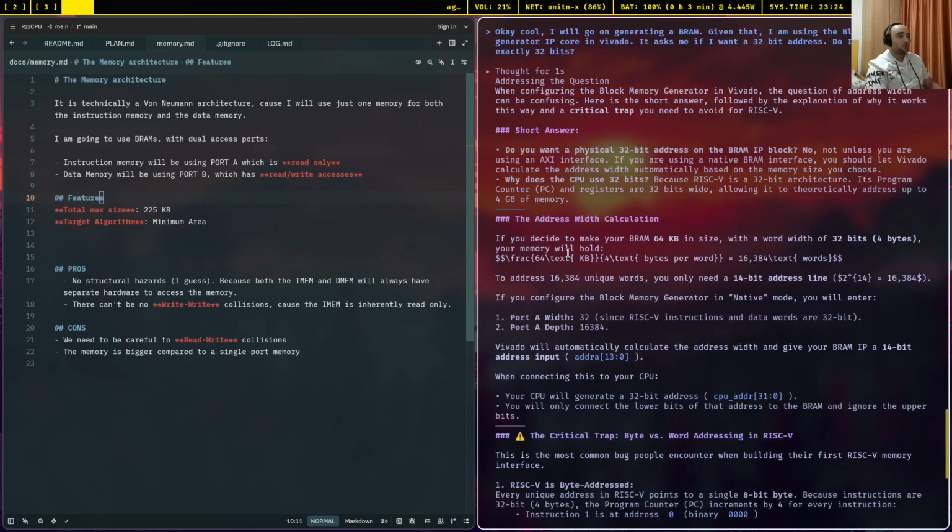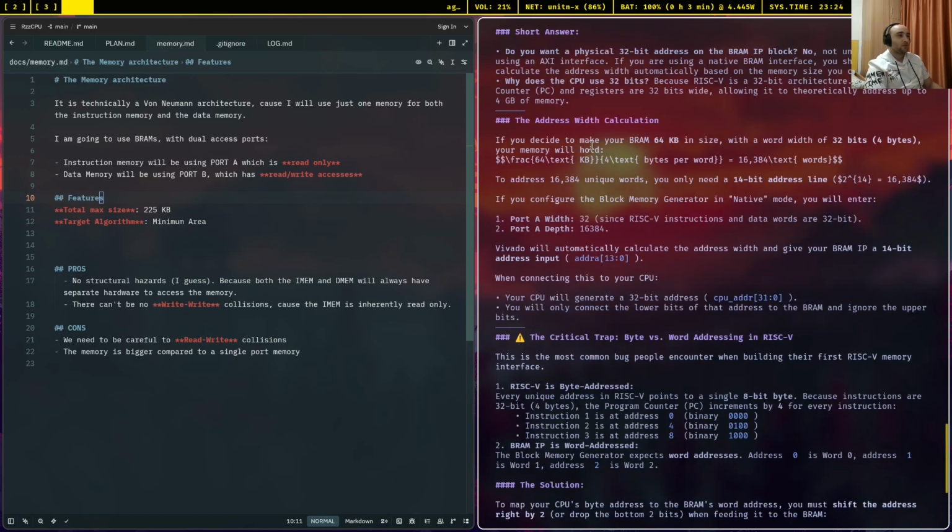If you make your VRAM 64 kilobytes in size with a word width of 32 bits, your memory will hold 4 bytes per word, 16,384 words. You only need a 14-bit address line. If you configure the block memory generator in native mode, that will automatically calculate the address width for you.